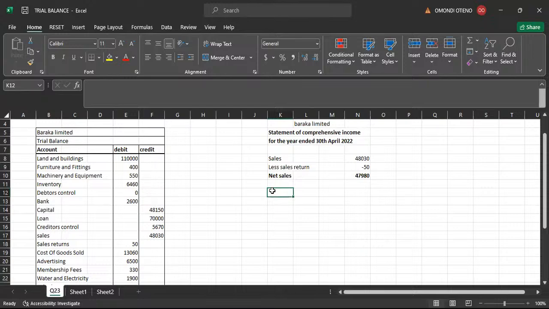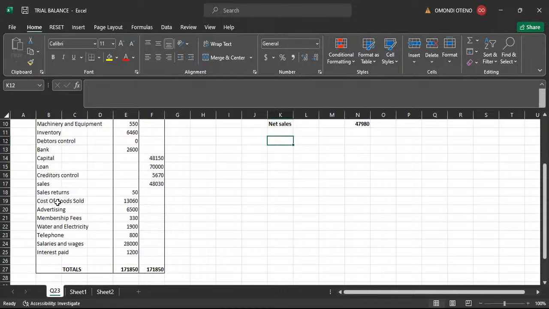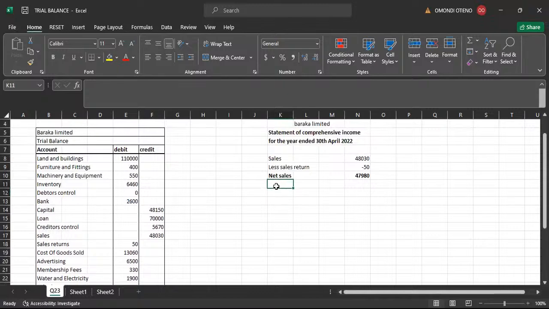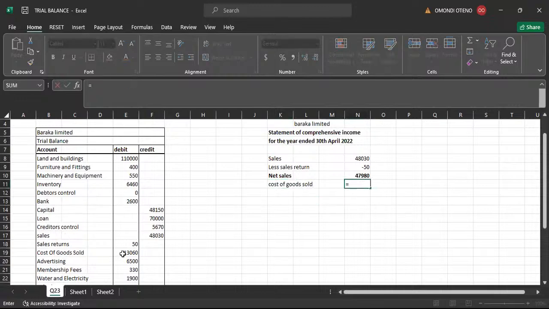And then we subtract the closing inventory for us to be able to get cost of goods sold. But in this particular question, all that was done. The only thing we are given here is the cost of goods sold. So let's bring our cost of goods sold. We are able to see it is equivalent to this.